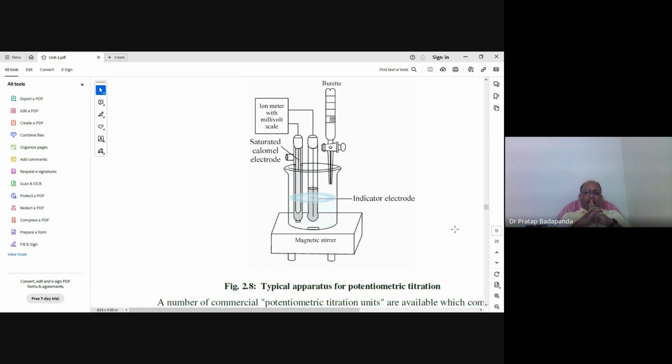One reference electrode is there, and a second indicator electrode is there. A burette is there, and there is a magnetic stirrer which can stir the solution. Then a pH meter with millivolt scale, which means a small amount of energy is essential. This is the equipment you have to use, and from the burette you take the solution whose value you have to find out. Then accordingly you have to check it.